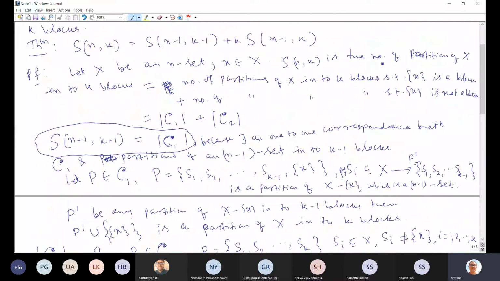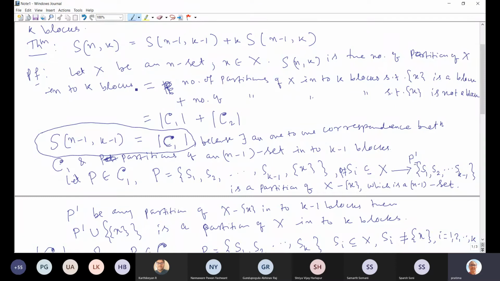This S(n,k) is the number of partitions of X into K blocks. Okay, the collection here, I think I could have included one more thing.